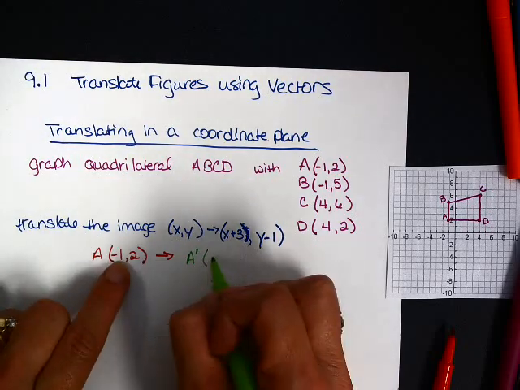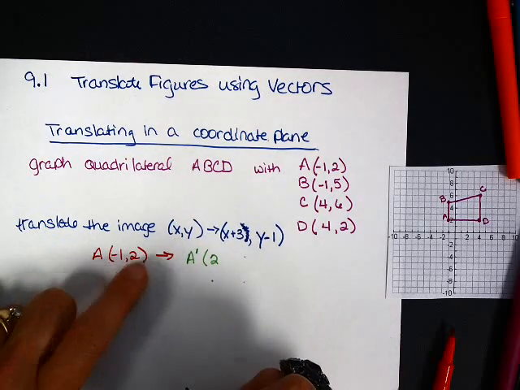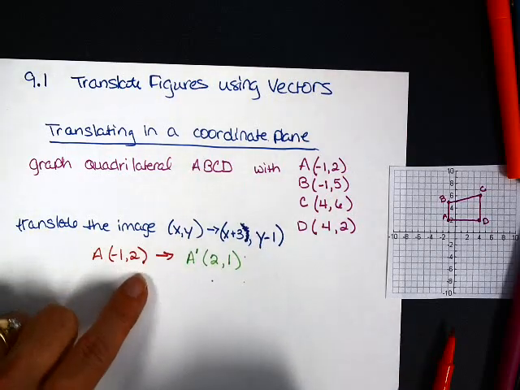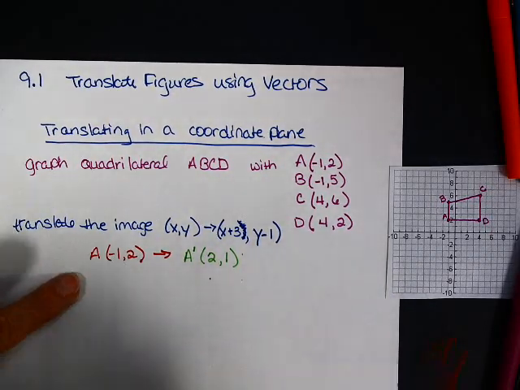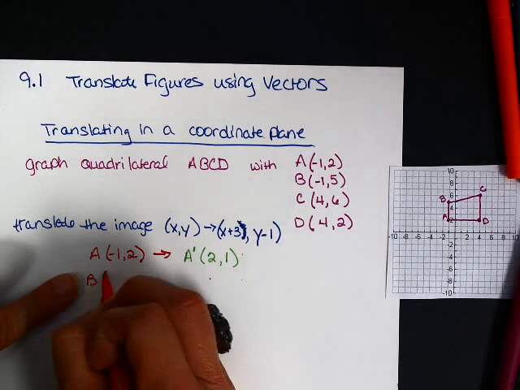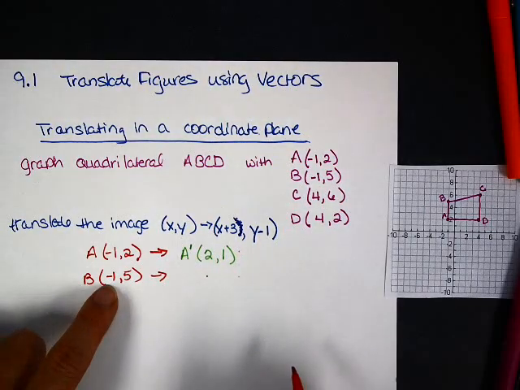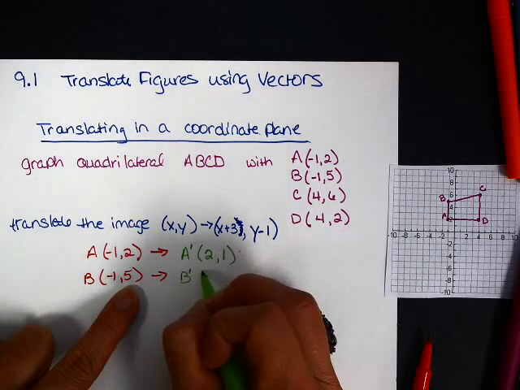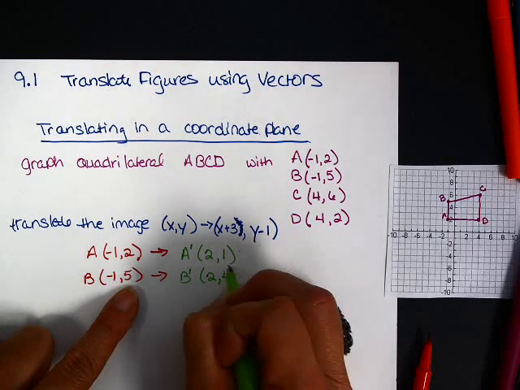Adding 3 to this would be located at 2, and taking away 1 from this coordinate would be 1. So my new point would be located at (2, 1). Point B started out at (-1, 5). If I add 3 and take away 1, I'm going to be at B prime, (2, 4).